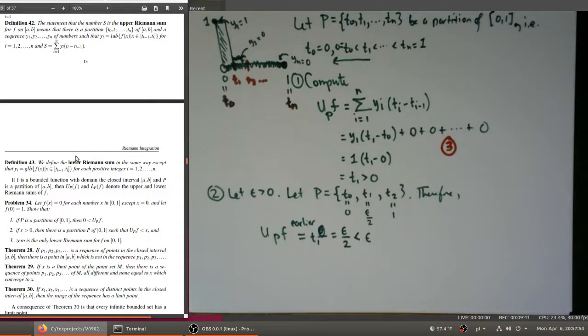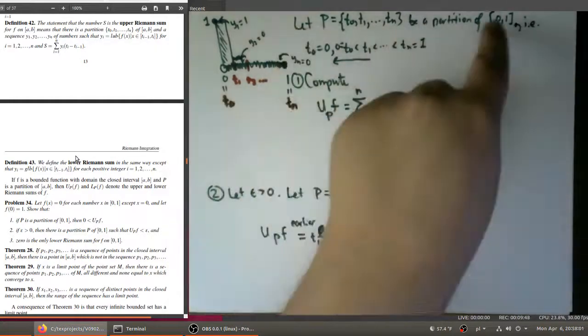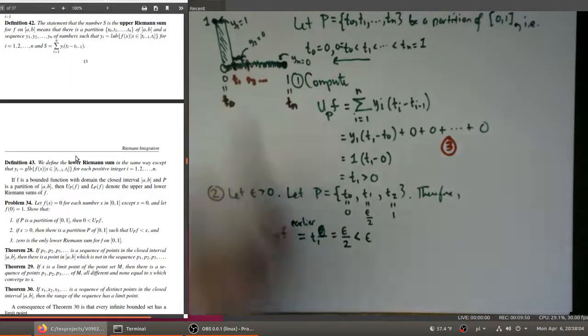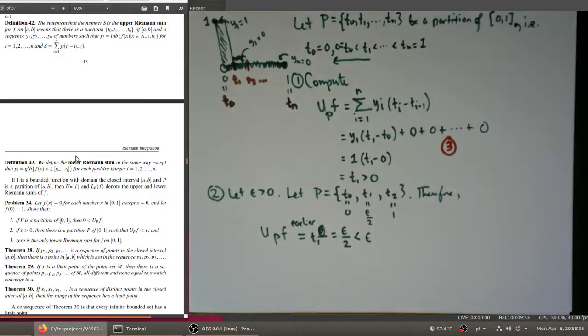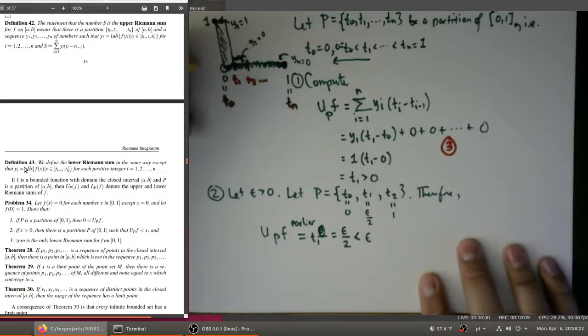So let's look at the partition we've already drawn. We have this partition, and we have our subintervals. If I now pick the correct y's for the lower Riemann sum, and in that case I choose the greatest lower bound, then I'm always picking the smallest value that f takes on this interval. I think this yellow worked pretty well last time. So I'll get, can you see that? Yeah, you can, good enough.